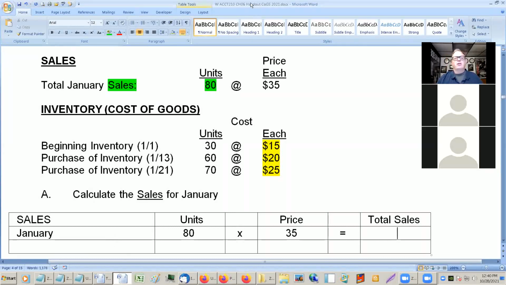Turn on the calculator first. Okay. 2,800. Okay, so these are the sales.